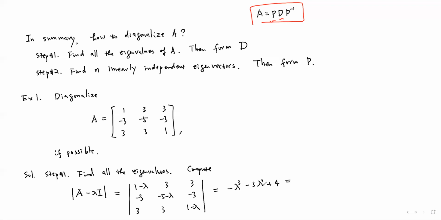All the zeros, all the roots of this polynomial are eigenvalues. How to find the roots? Factor this polynomial.